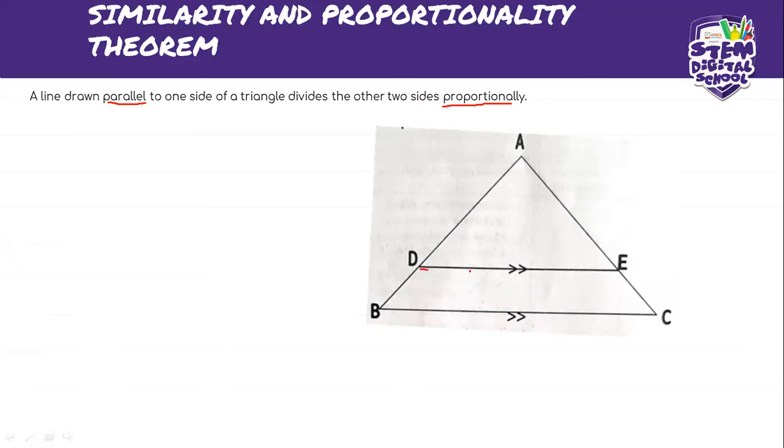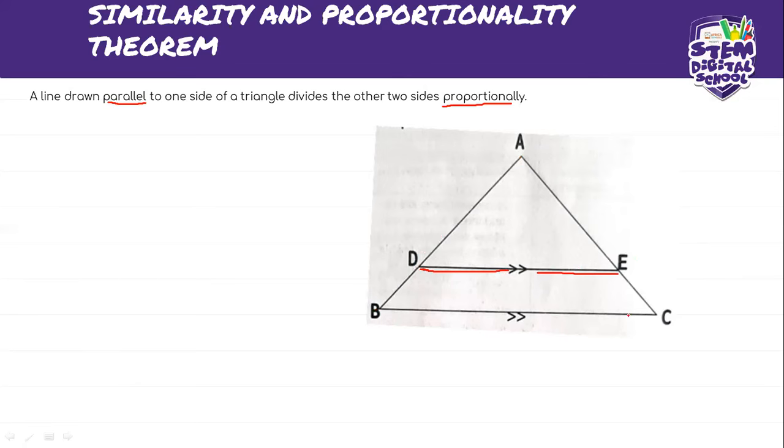A line drawn parallel to one side of a triangle, right? Previously we had triangle ABC, then we drew a line DE that is parallel to one side of the triangle. In this case, we can all see that DE is parallel to BC, right?